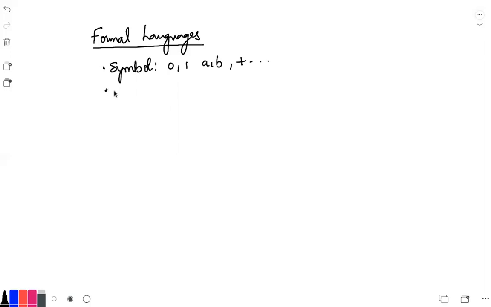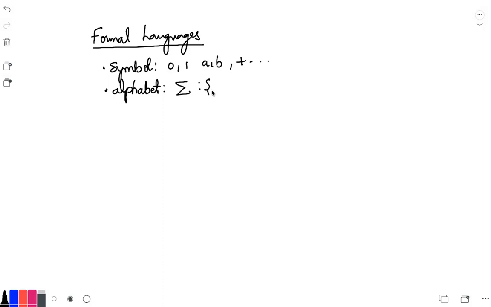Next, we have alphabet. Yesterday I forgot to explain the notation. Alphabet is denoted by the symbol sigma. In the course of our semester in formal language, whenever you find sigma, treat it as alphabet. It specifies mostly the range.